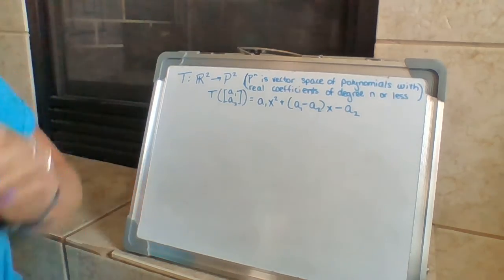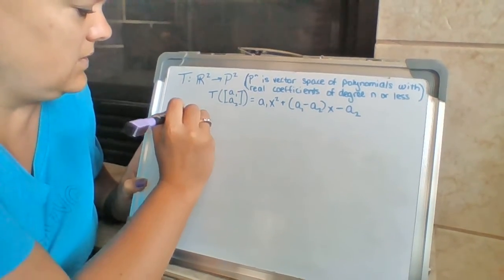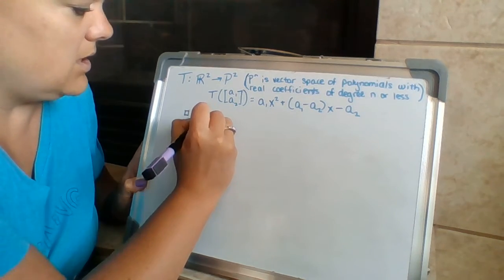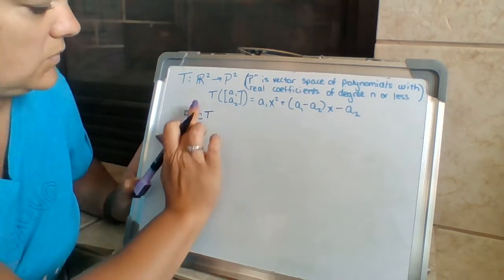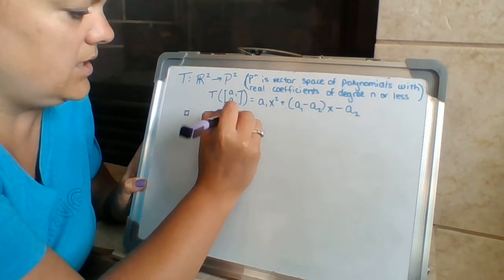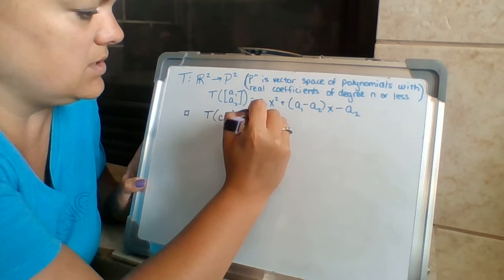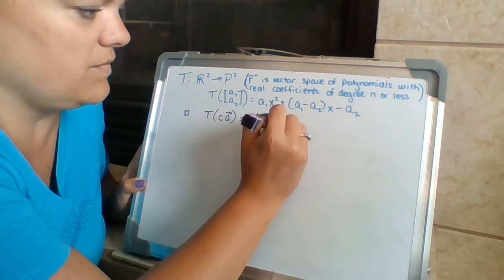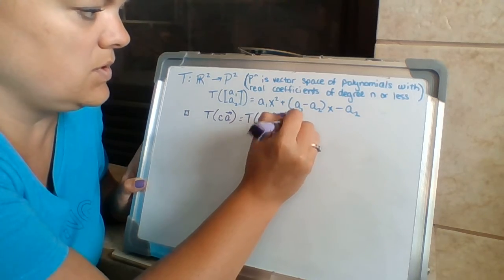So the first one, we're going to do the scalar multiplication. I'm going to take the transformation of a scalar times vector A, which means I'm taking the transformation of the scalar times every a1 and every a2.